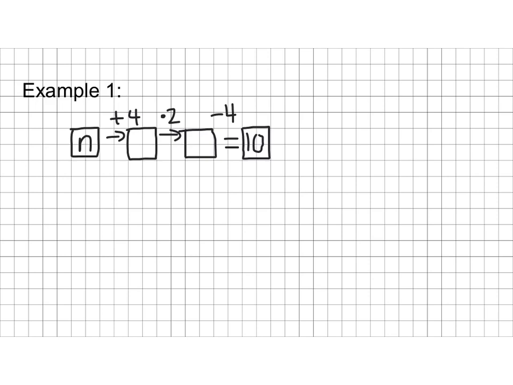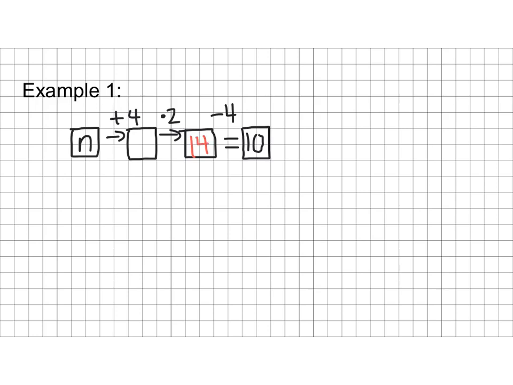So if we know that on the last step we subtracted 4 from some number, we don't know what it was, and we got 10, then that must mean that the number we subtracted 4 from was 14, right?